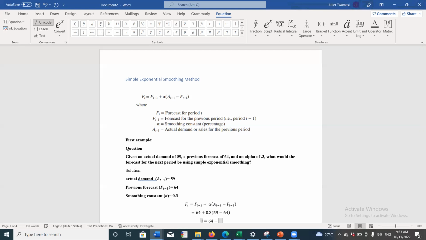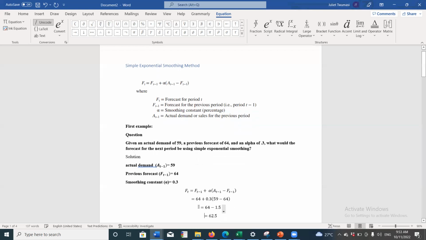So it becomes -1.5. And -1.5, when you subtract it from 64, we will have 62.5. So this is our final answer.